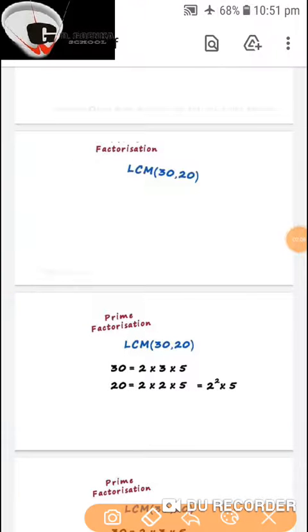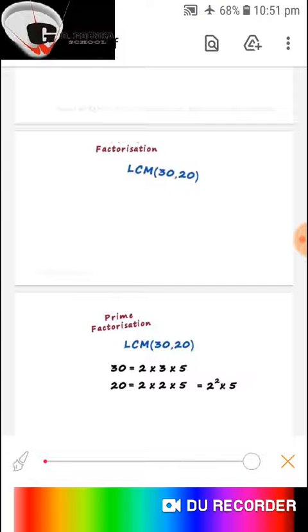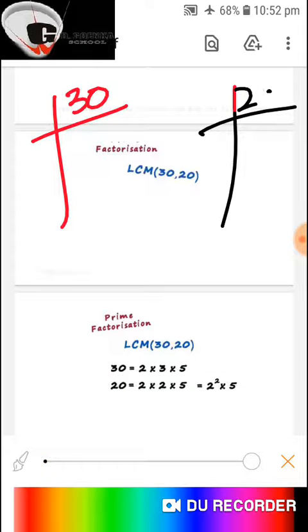Now, what is the prime factorization method? Let us understand it with an example. Suppose we have to find the LCM of number 30 and number 20. So, what is the first step? The first step is that we have to find the prime factors of the given numbers. That is, we have to find the prime factors of number 30 and we also have to find the prime factors of number 20.